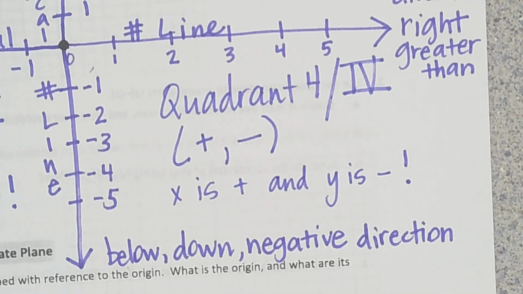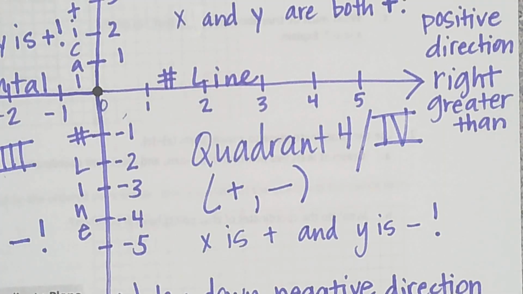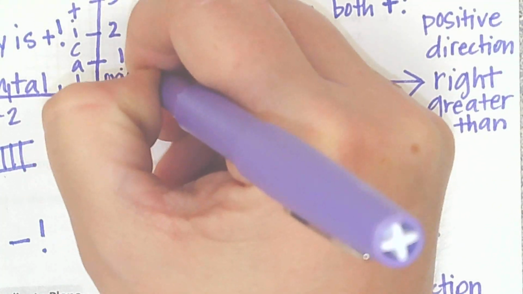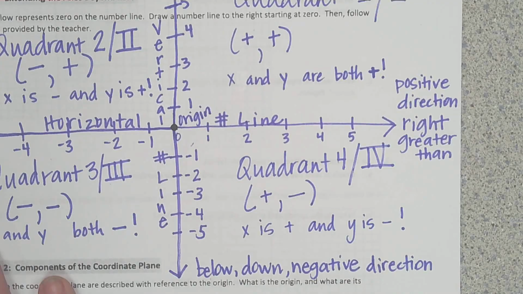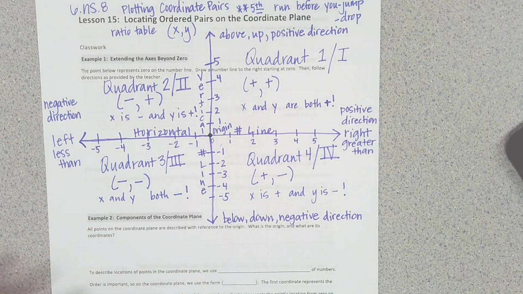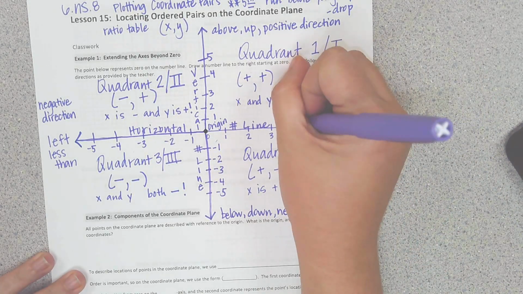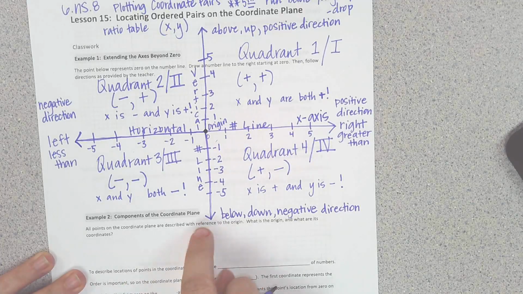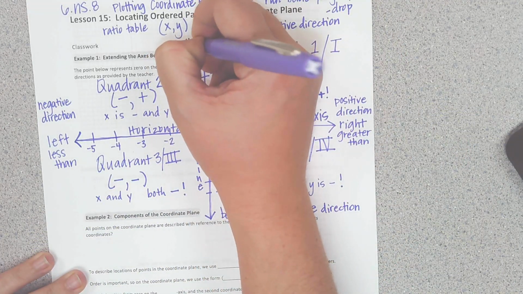But do you remember at the top when they said start at 0? Starting at 0 has always been our origin. And when we created this, and I'm going to zoom back out, we know that our horizontal line is called our X axis, and then our vertical line is called our Y axis.